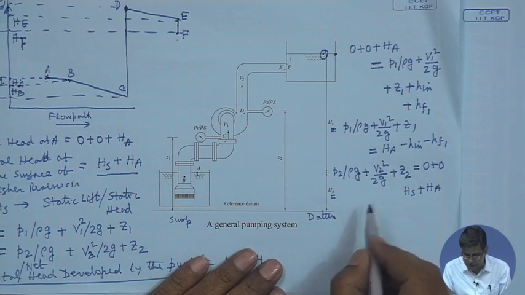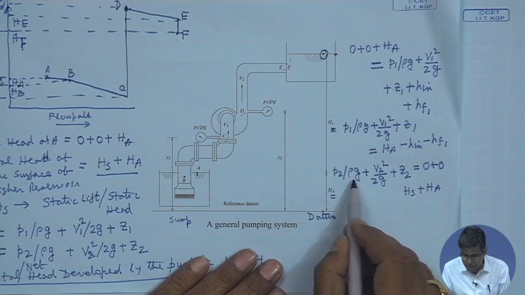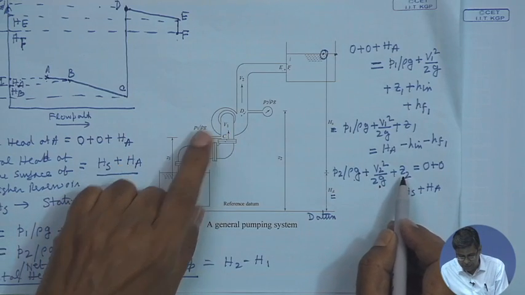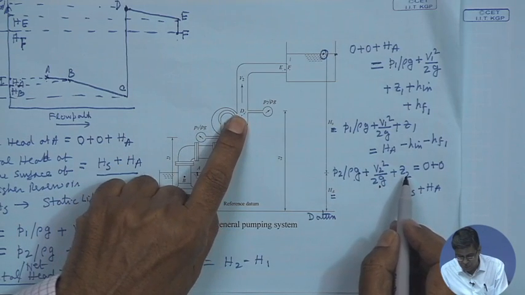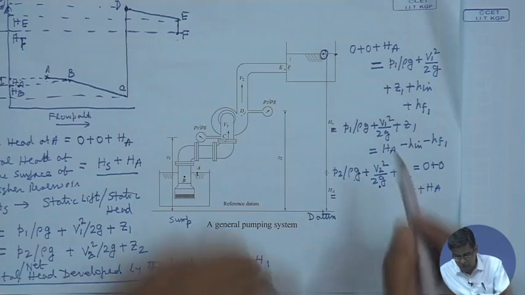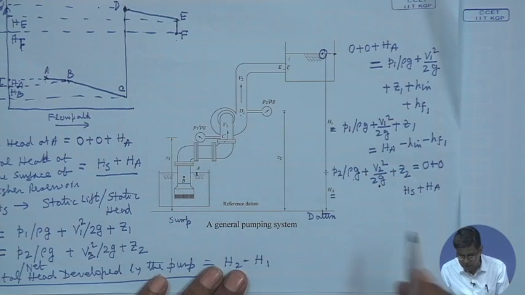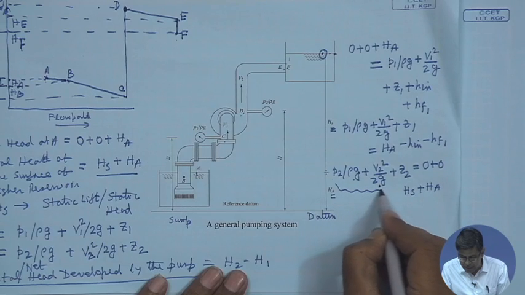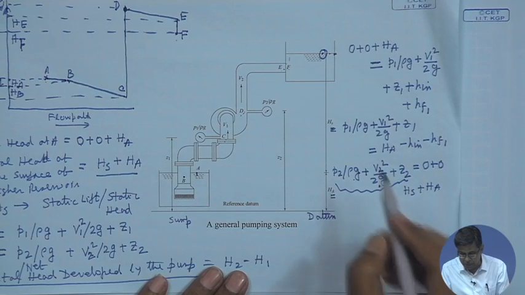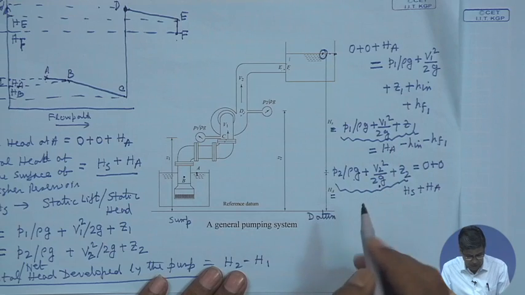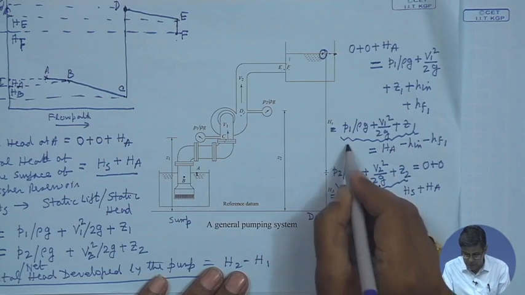That means, one can write P2 by rho g plus V2 square by 2g plus Z2, that is the head here at D2, is equal to 0 pressure head, velocity head 0, only potential head. Now, this is the total head at the outlet of the machine, and this is the total head at inlet of the machine, which has been defined as H2 and H1.